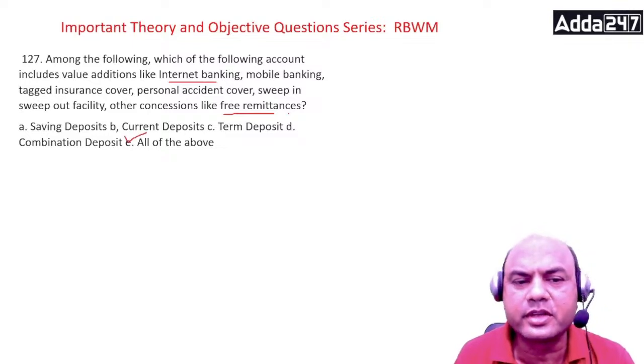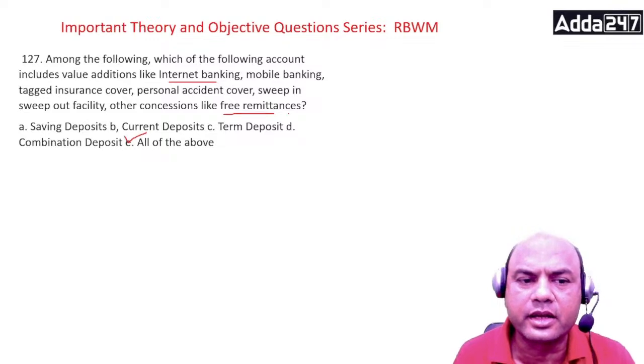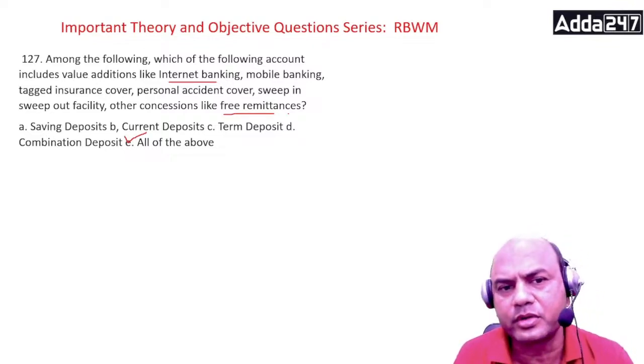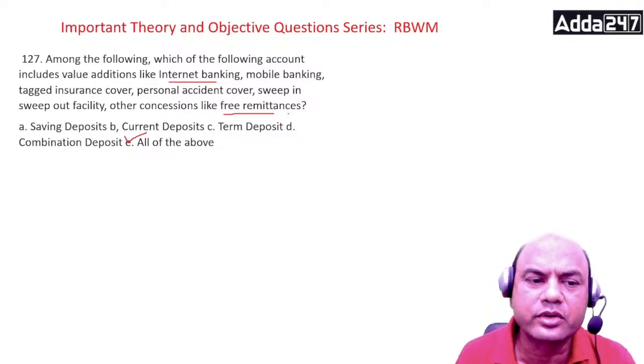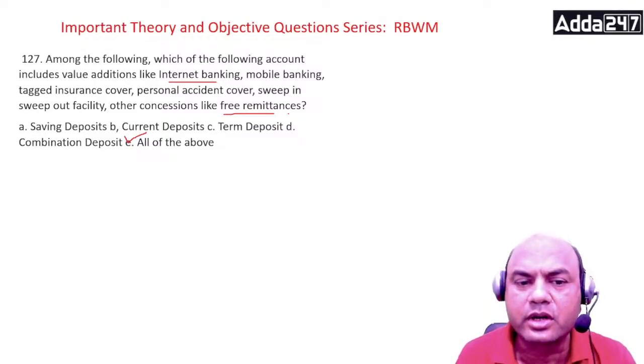So here, always remember, I can add these features: internet banking, mobile banking, insurance cover, personal accident cover, sweep in, sweep out, other concessions, free remittance. I can add them to any account, whatever I want: savings, current, term, combination. You'll say, how can I add it to a term deposit? Yes, I can.